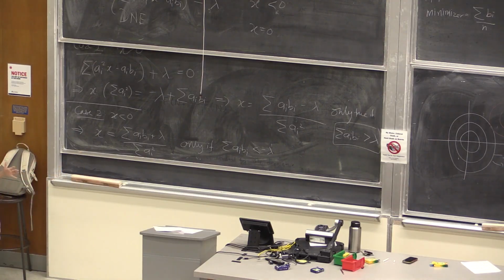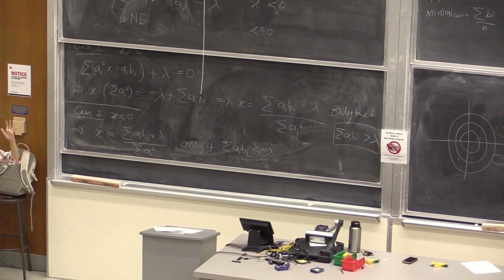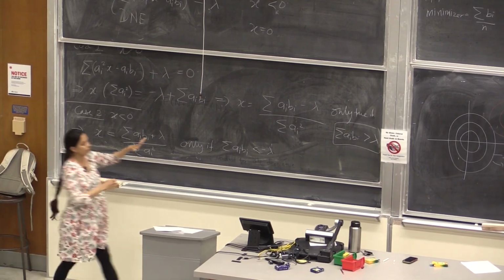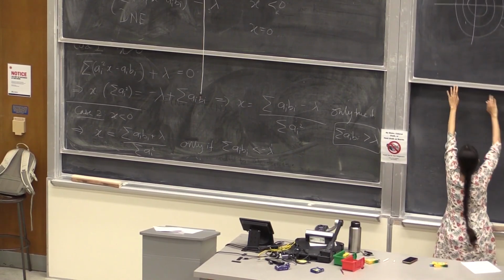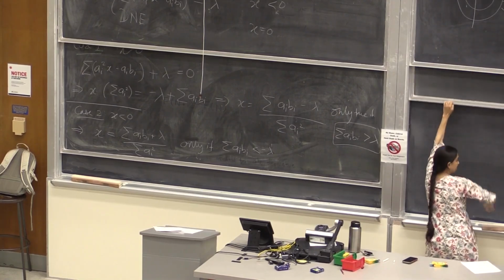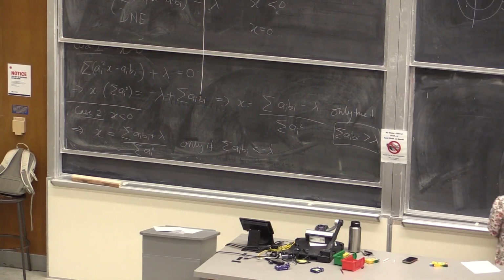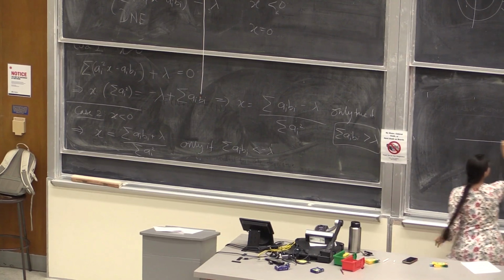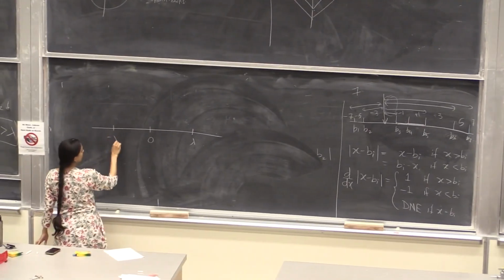Does everyone see this? And in all other cases, so if sigma ai bi is between minus lambda and plus lambda, if I'm in between those two values, what must my x then be? So let's consider the real line. This is 0. This is plus lambda. This is minus lambda.